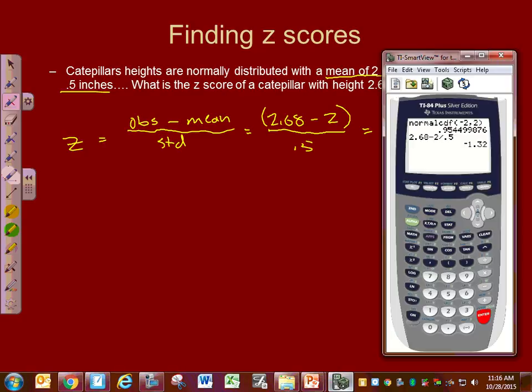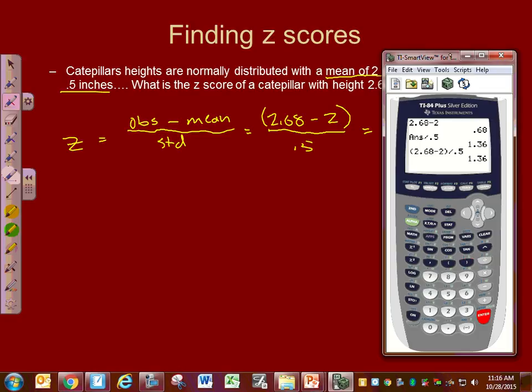I would probably just recommend you do 2.68 minus 2 first. Press enter. That gives you your number. And then you divide that by 0.5 to get you your z-score, 1.36. Or you could have done it all in one row if you use parentheses, making sure you are telling your calculator to subtract these two numbers first before we divide by 0.5.